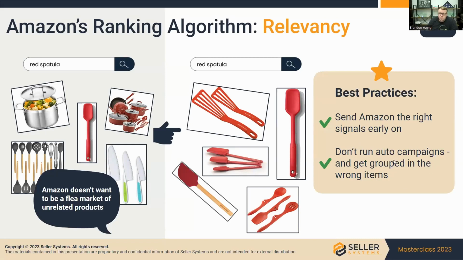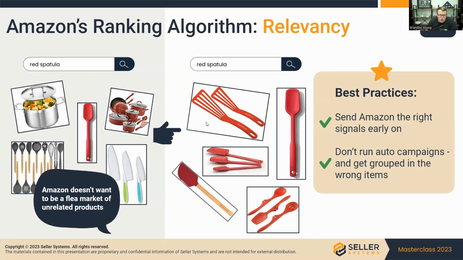Now, when you first launch, a big tip is that you don't want to run auto campaigns, because you might confuse Amazon and they might index you as a product you're not selling, because they don't quite know yet. If you wrote your listing well, you can kind of avoid that. But with auto campaigns, we usually wait until a few days in, and we'll get into that with the PPC strategy.